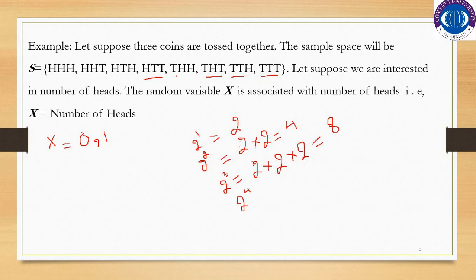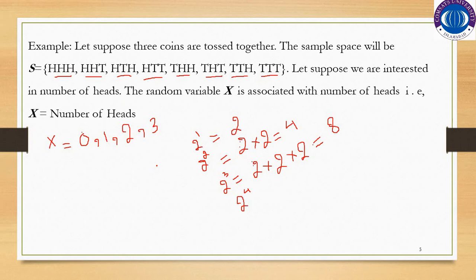If you concentrate on this outcome, and this outcome, all of these outcomes have 2 heads. And if you concentrate on this outcome, it possesses 3 heads. So these are all the possible values the random variable X could possess.